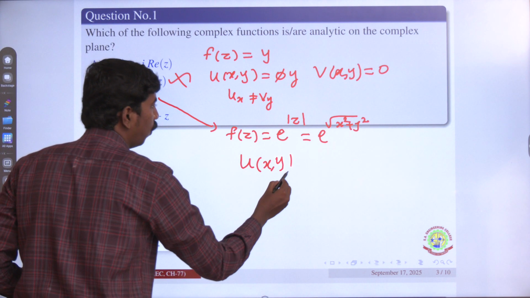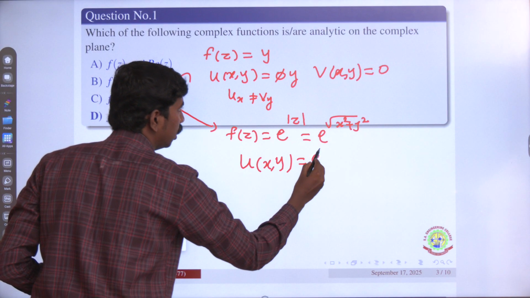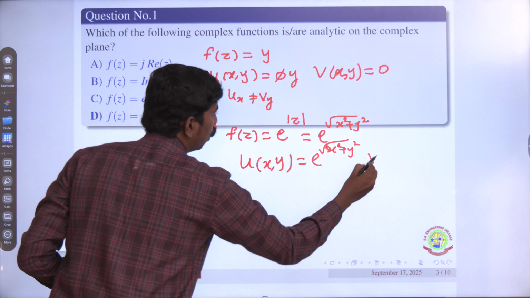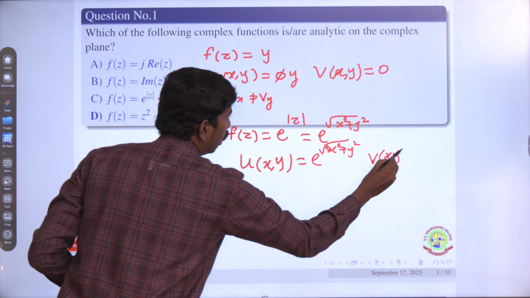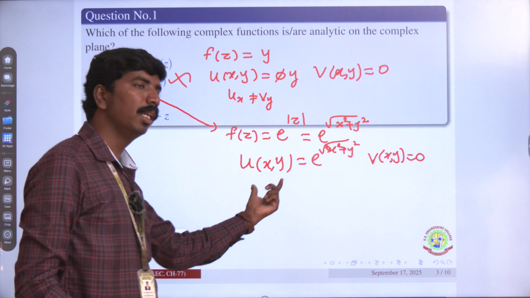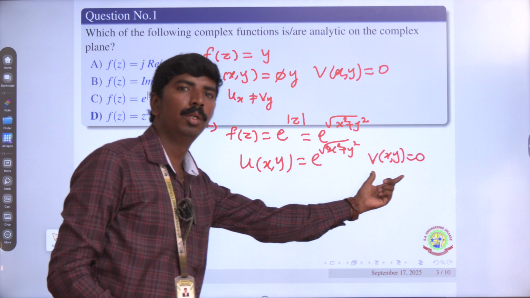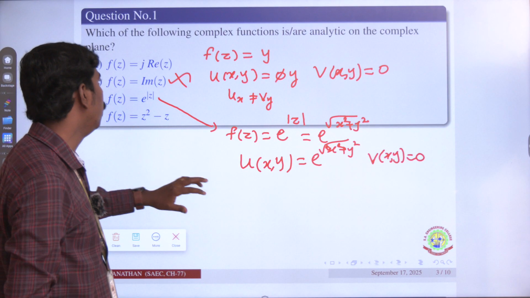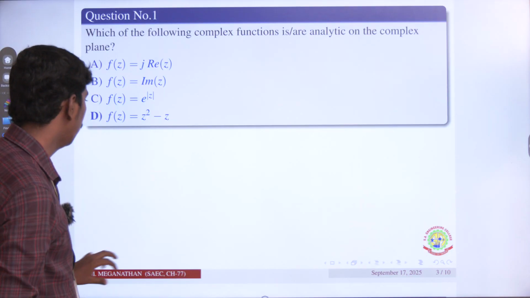So what is u of x comma y in this equation? It is root of x square plus y square. What is v of x comma y? That is equal to 0. So again we get one function as a variable and another function is 0. So definitely this is also not satisfying the CR equations. Then we conclude this function is also not analytic.